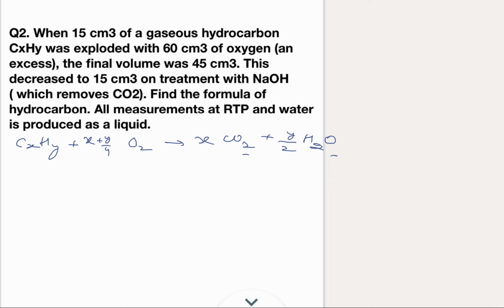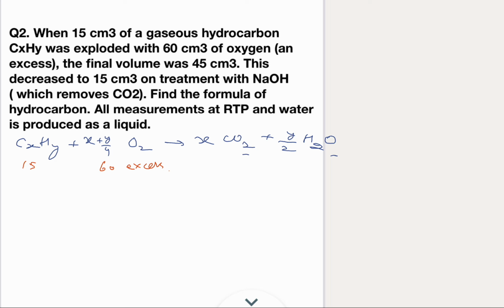Now we are given that we started with 15 centimeters cube of the hydrocarbon, and an excess amount of oxygen, 60 centimeters cube, and we are told that the final volume was 45 centimeters cube.